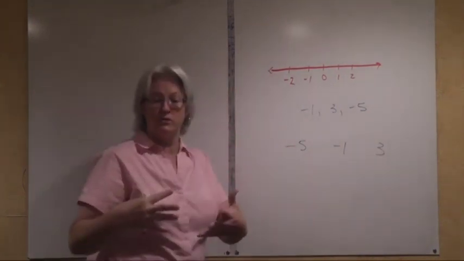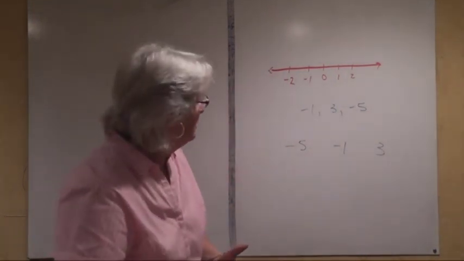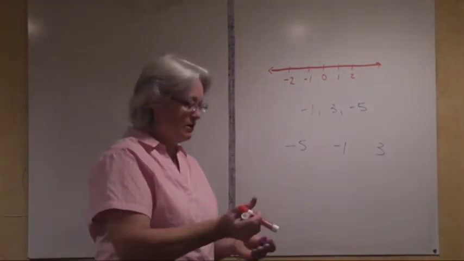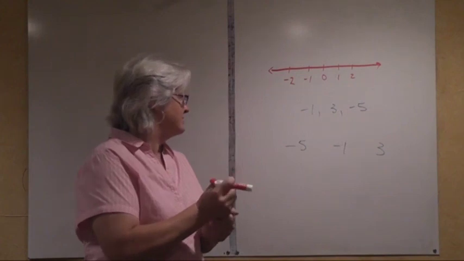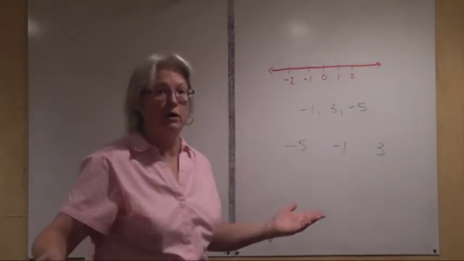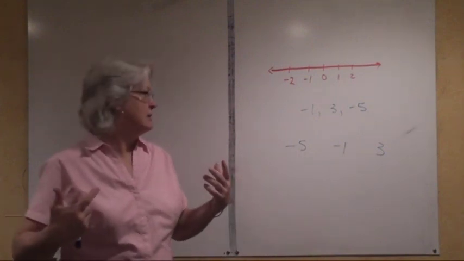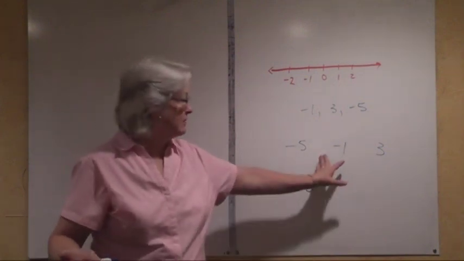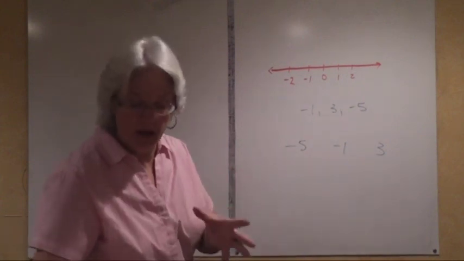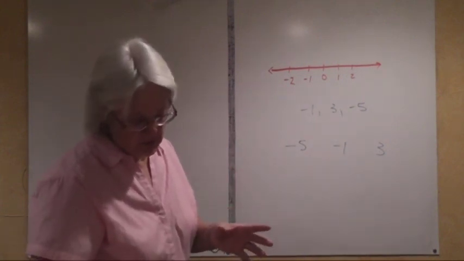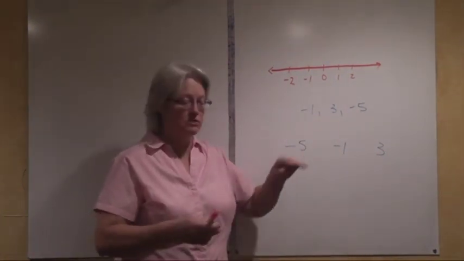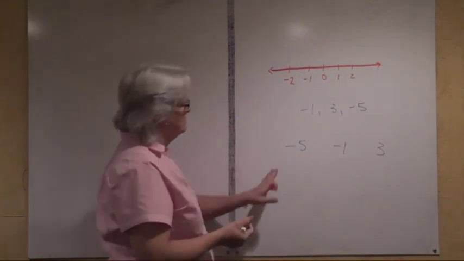Now we have put those in order, but we can't really tell what we're talking about. For all I know, that could be -5 minus 1 plus 3. What did our problem ask us to do? It wanted us to write these integers in order from least to greatest using our inequality symbols.